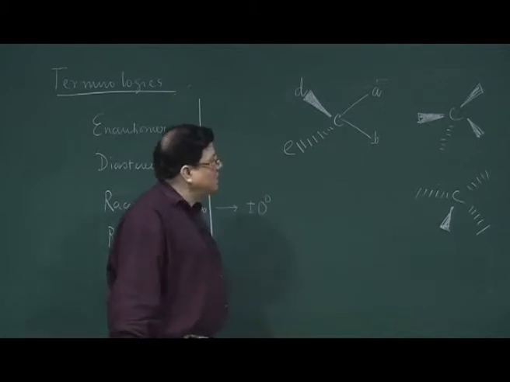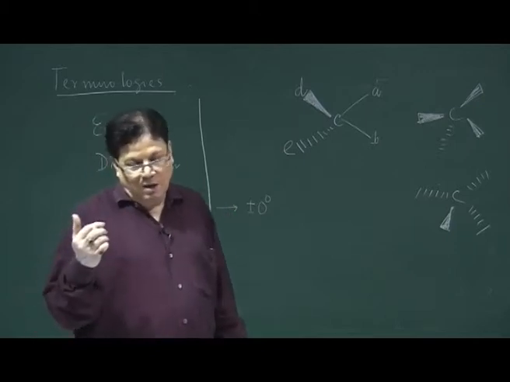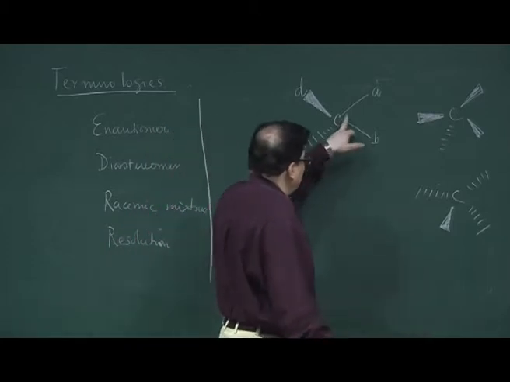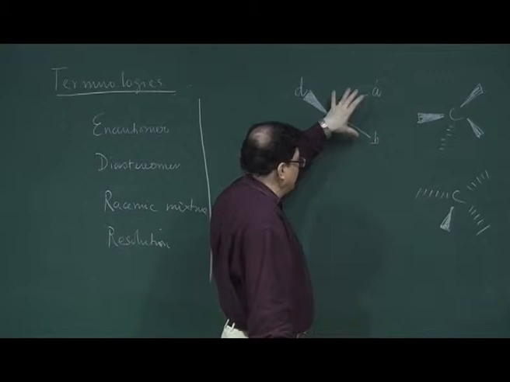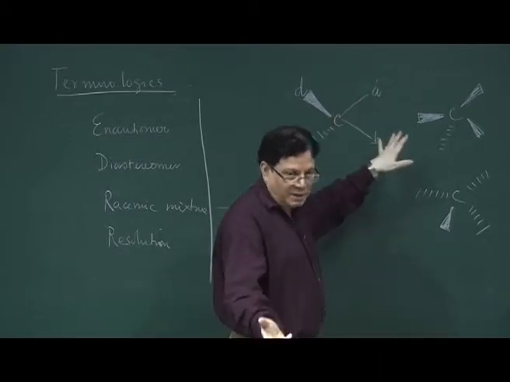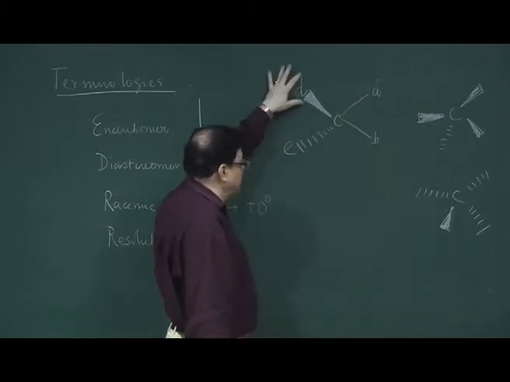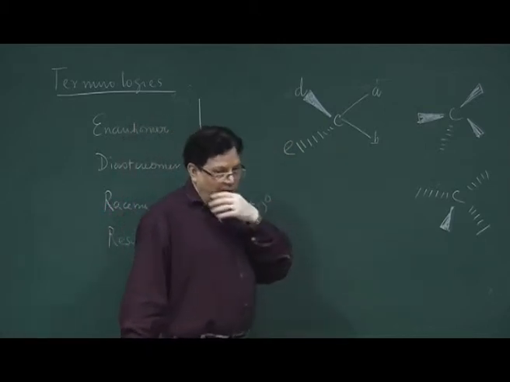This is what is called the wedge formula, the wedge representation of 3-dimensional molecules. Remember, if you have only the single normal line, that means these bonds are lying in the plane of the board. If you are drawing it on paper, then they lie in the plane of the paper. This is above the plane of the board, this is below the plane of the board. Okay. So, these are flying wedges.